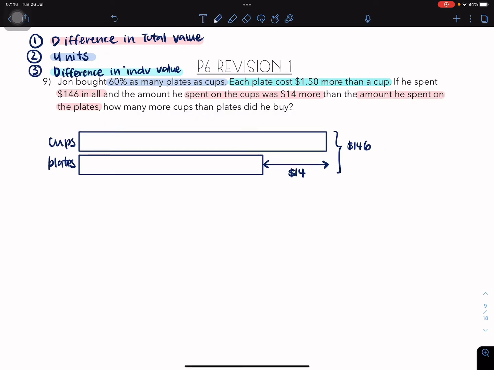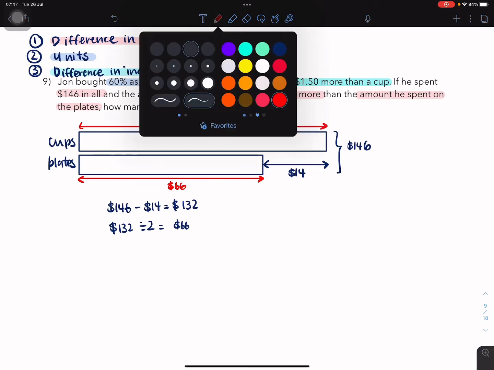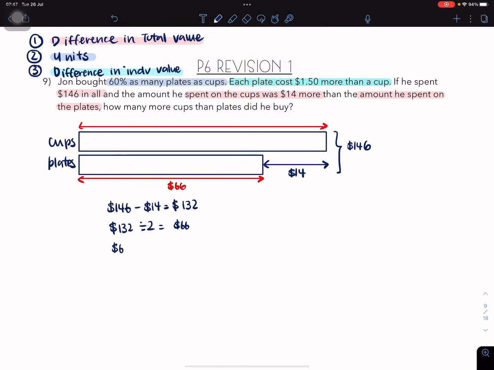We can. $146 minus $14, which gives us $132. $132 divided by 2, giving us $66. The plates over here would cost $66. How about the cups? The cups would cost $66 plus $14, which is $80.